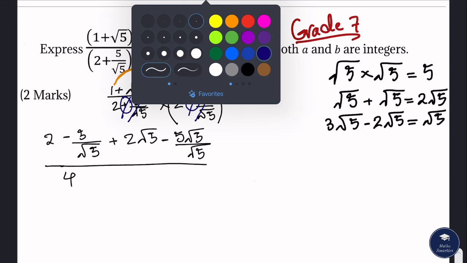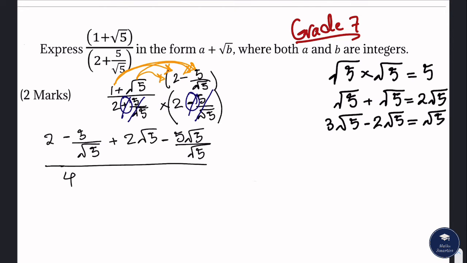Now, final step is multiplying the 5 over square root 5 times the minus 5 over square root 5. Now when I said these cancel out, I mean when I multiply the 2 by this fraction and this 2 by this fraction, we don't have to multiply, it's just a waste of time.